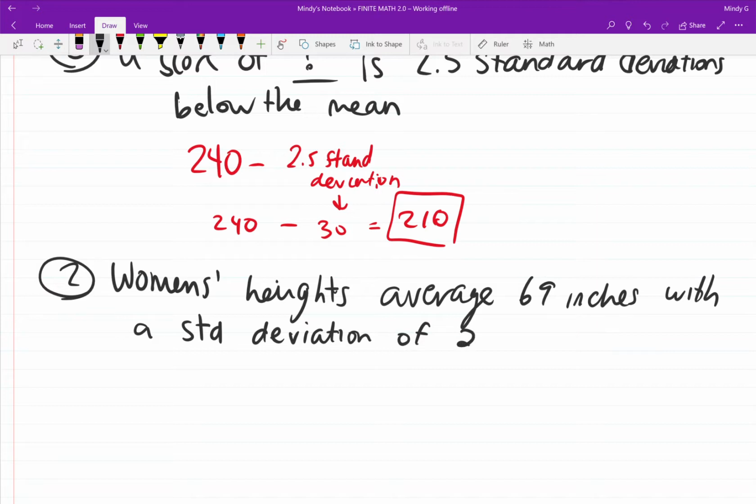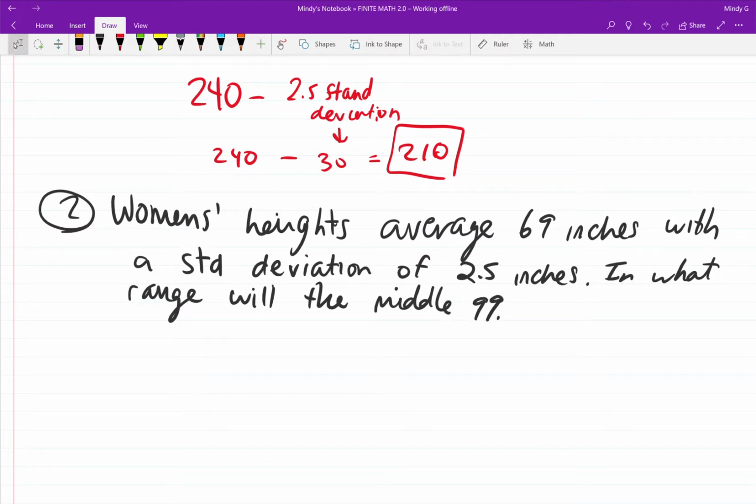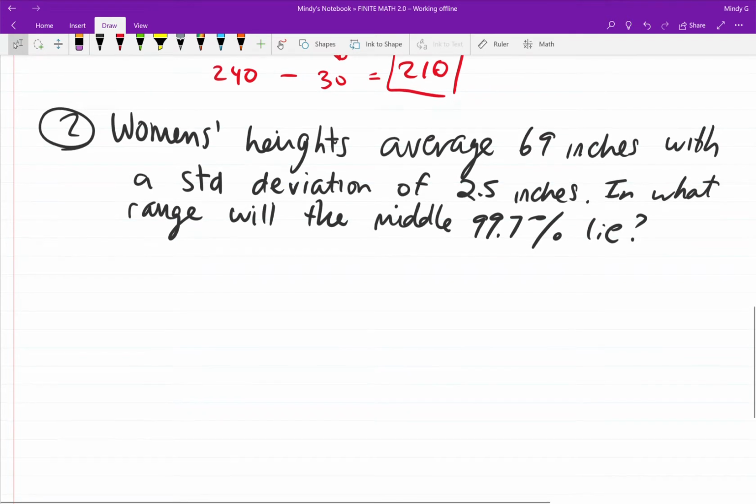In what range will the middle 99.7% lie? Blank and blank, between.